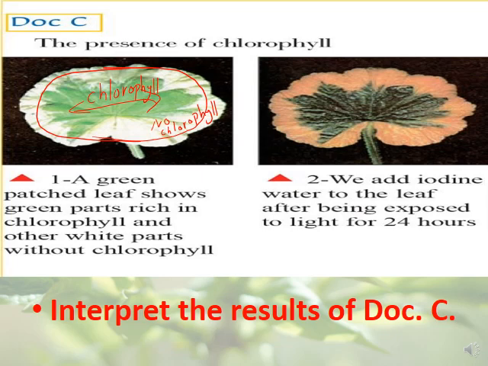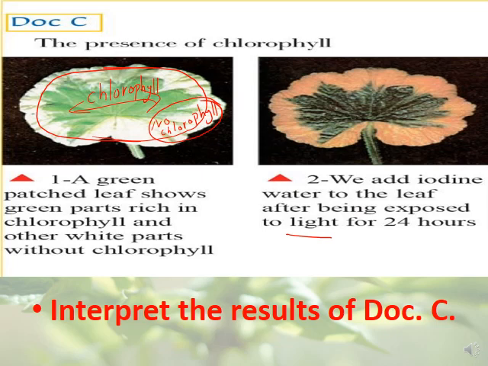So we exposed the leaf for 24 hours to sunlight, and this leaf has chlorophyll in the middle, and no green color at the periphery, so we have a white color since we have no chlorophyll.